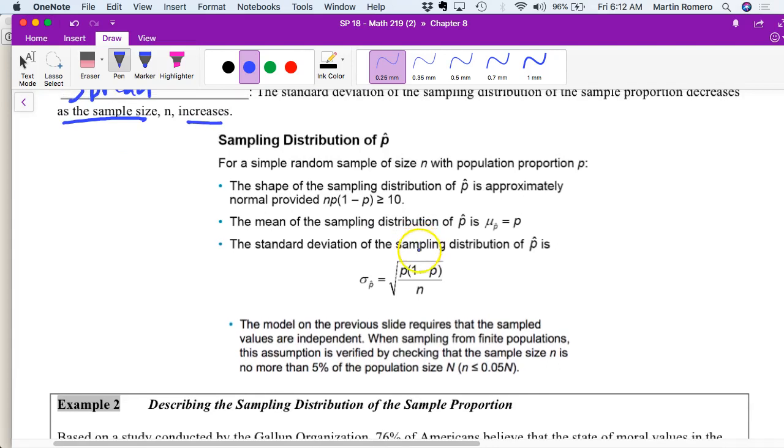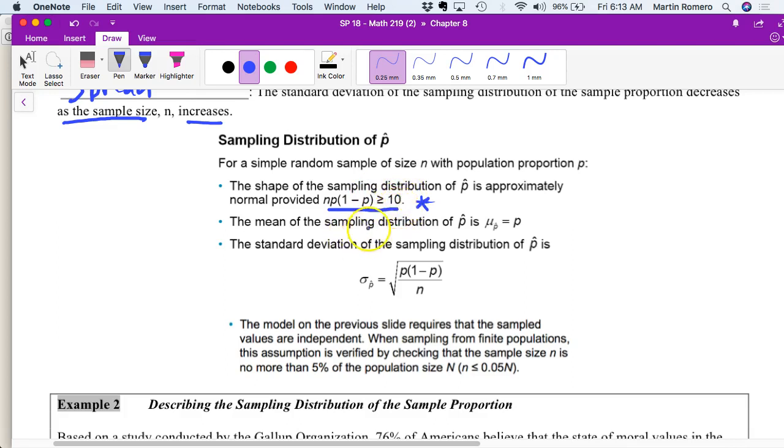And then we have the big idea of this section, the sampling distribution of p hat, the sample proportion. We do it multiple times, and we have to keep these things in mind. The shape of the sampling distribution of p hat is approximately normal provided that this is true, so we're going to have to check that. When problems ask what the sampling distribution is, we need to make sure this is true.